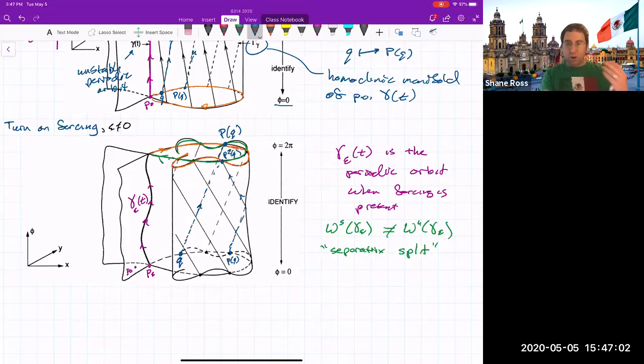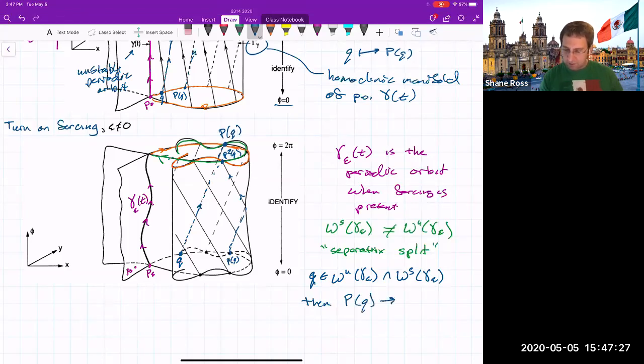So we've got these points of intersection. If Q is on the intersection of the unstable and stable manifold, then if we look at what happens to PQ, it's going to converge onto the unstable periodic orbit in both forward and backward time.